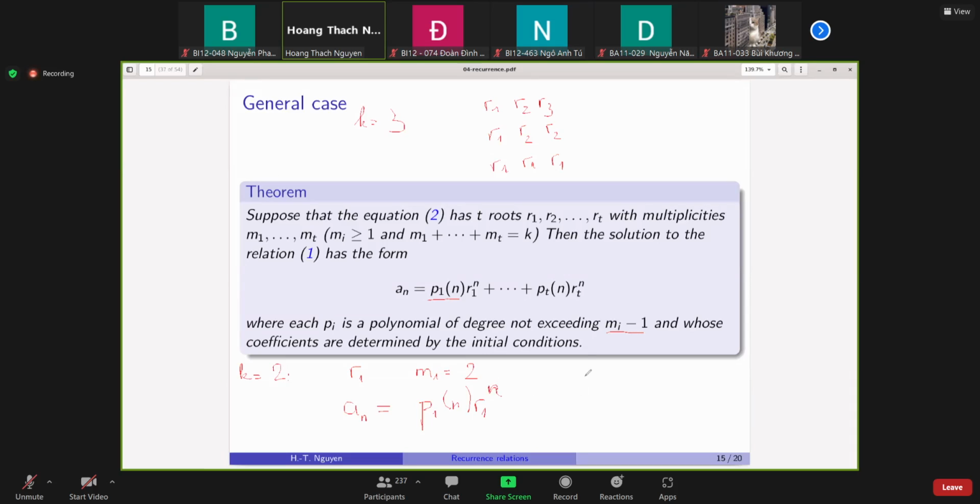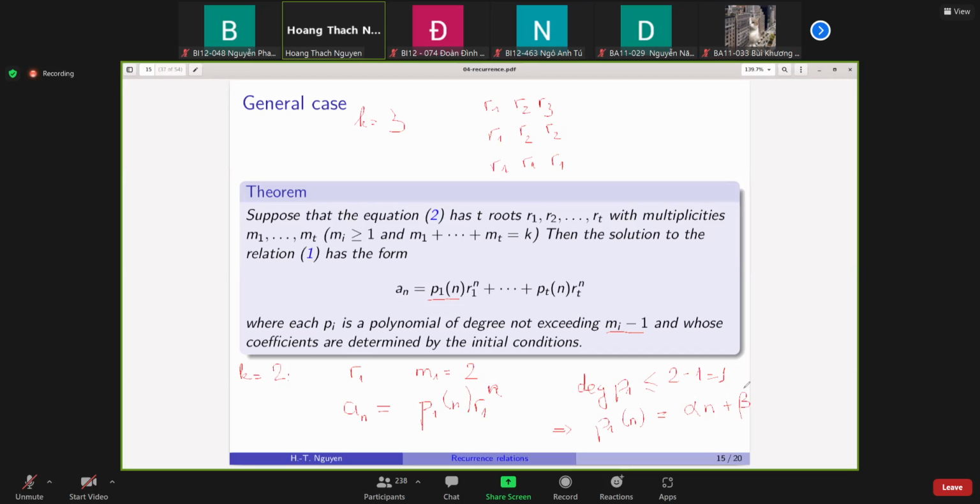And since the degree of this polynomial p is smaller than or equal to 2 minus 1, which is equal to 1, we can write this polynomial as alpha n plus beta.